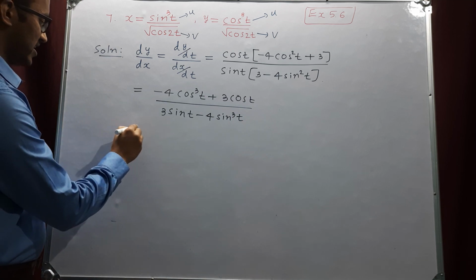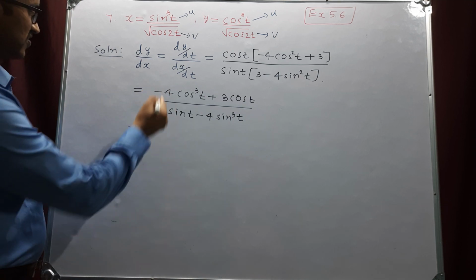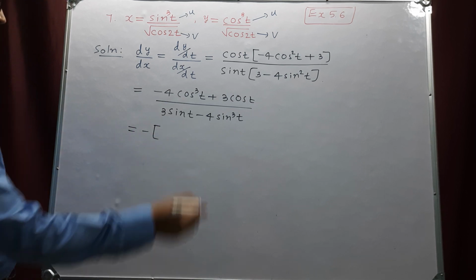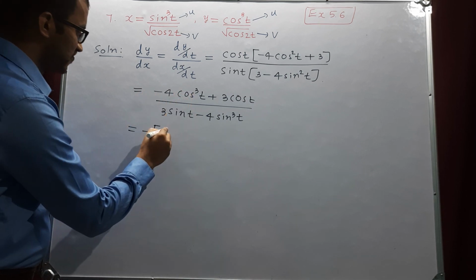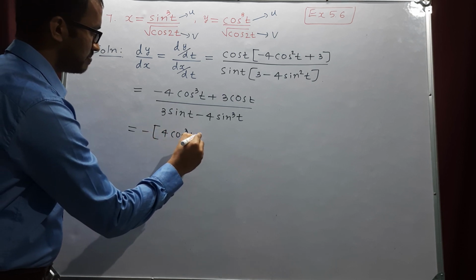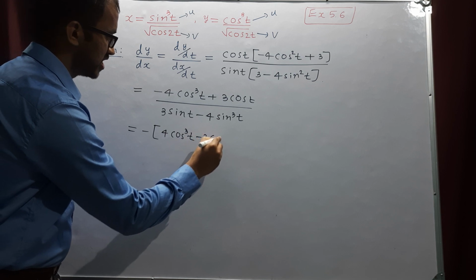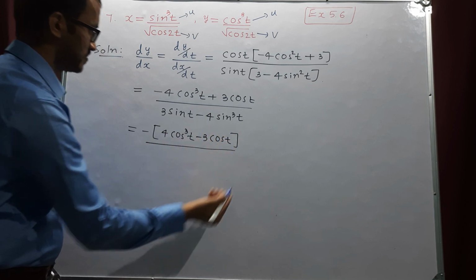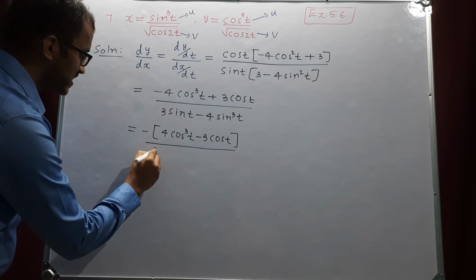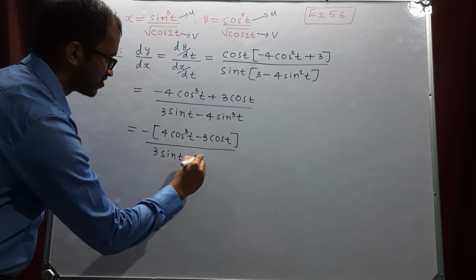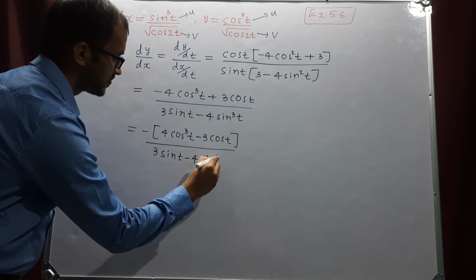Or if I rewrite this one, if I take minus outside from the numerator, I will get 4 cos cube t minus 3 cos t by 3 sin t minus 4 sin cube t.